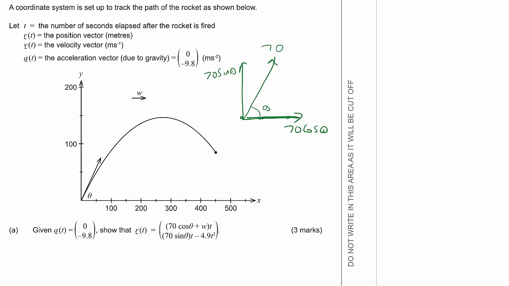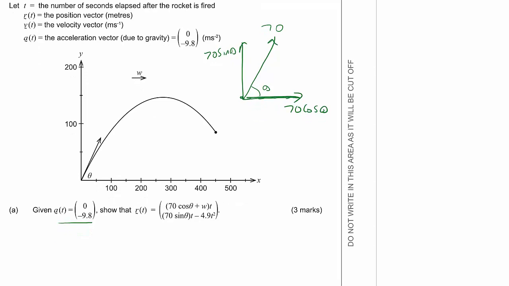Okay, so the acceleration is 0, negative 9.8. So we want to get the velocity, and we do that by integration. So in the top, we're just going to get a constant, which I'll call C1. In the bottom, we'll get negative 9.8t plus a constant.